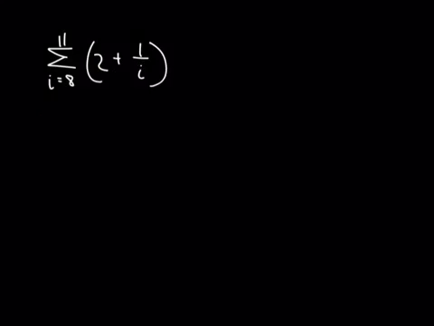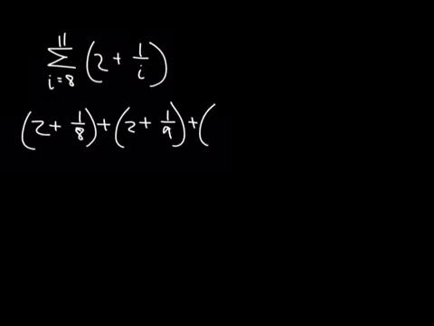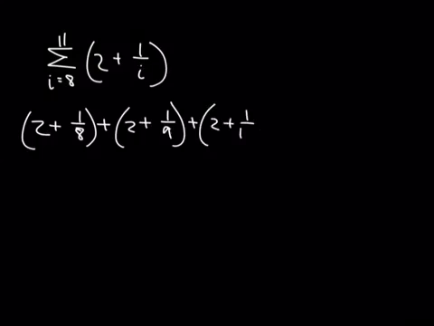So we have 2, and then we go to 9, and then we go to 10. And that's where we stop because of the 11 right there. Okay? So 8, 9, 10, and 11.